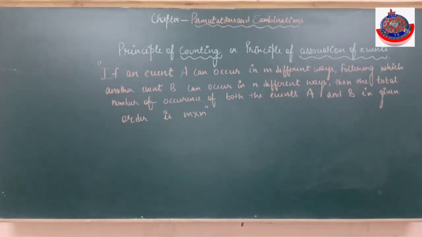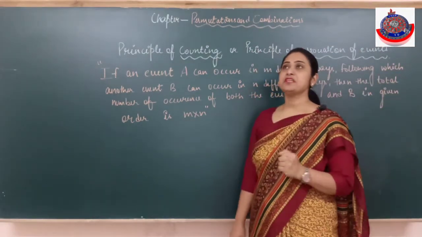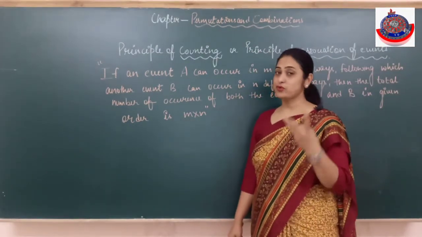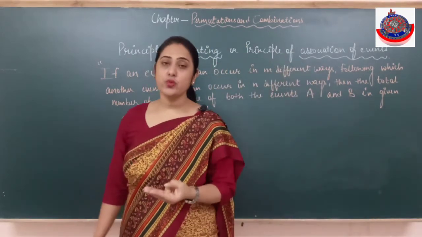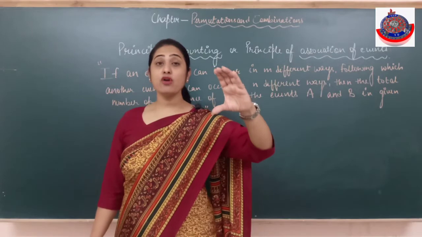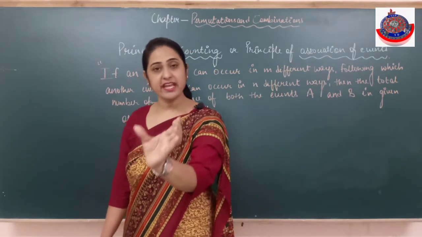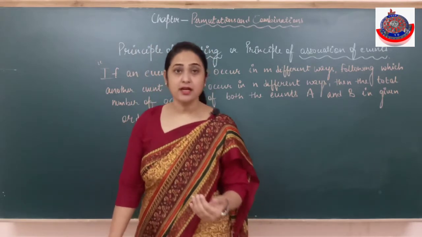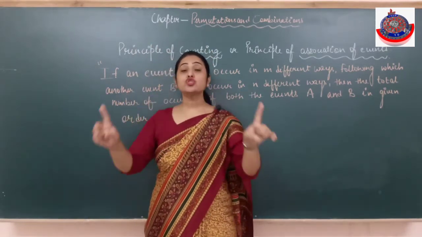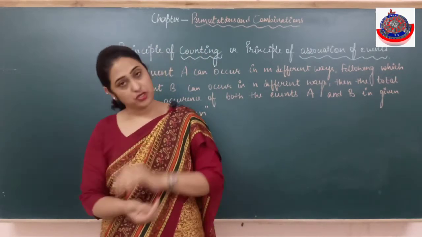When I was entering the park, I had 3 gates. When I had to exit from the park, I had 2 ways. So the number of different ways in which the first event can occur, into the number of different ways in which the second event can occur, will give you the total number of ways in which that task can be performed.